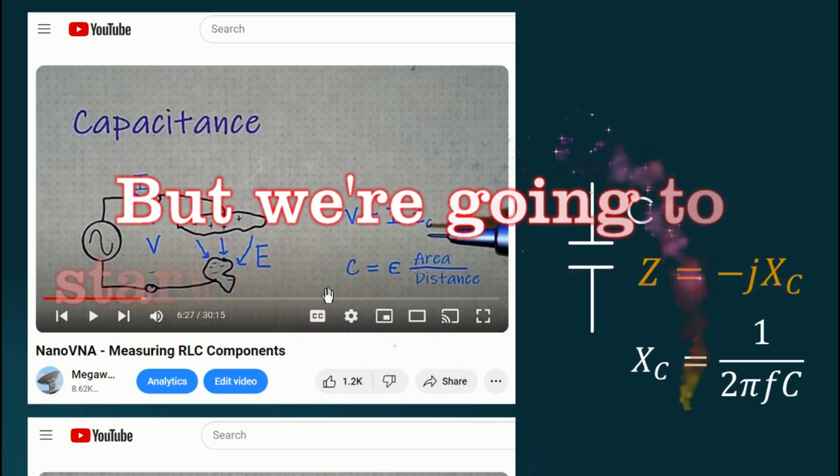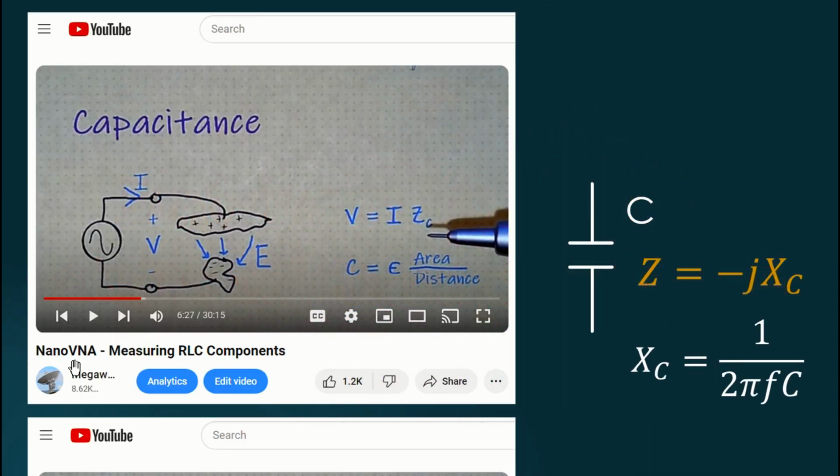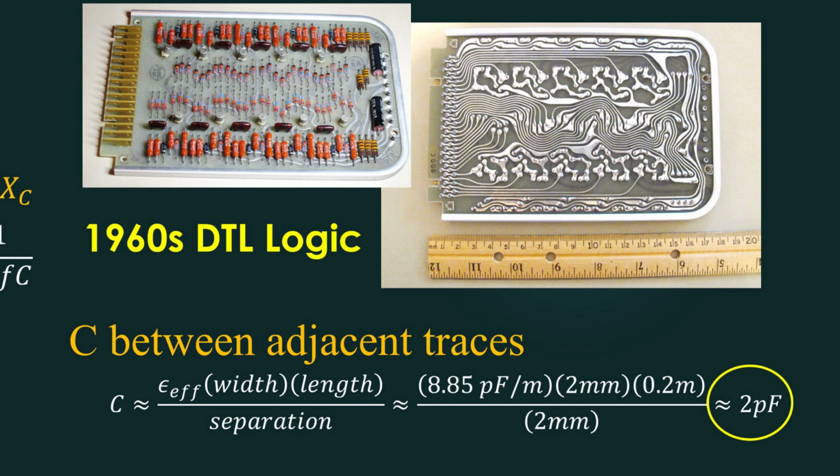And on this channel, there's another video I'd strongly encourage you to look at called Nano VNA - Measuring RLC Components. And in there, we talk about the fact that there can be capacitance between any metals in a circuit. And I explained this blob here and this blob here. That's just to show that it doesn't have to be a physical device.